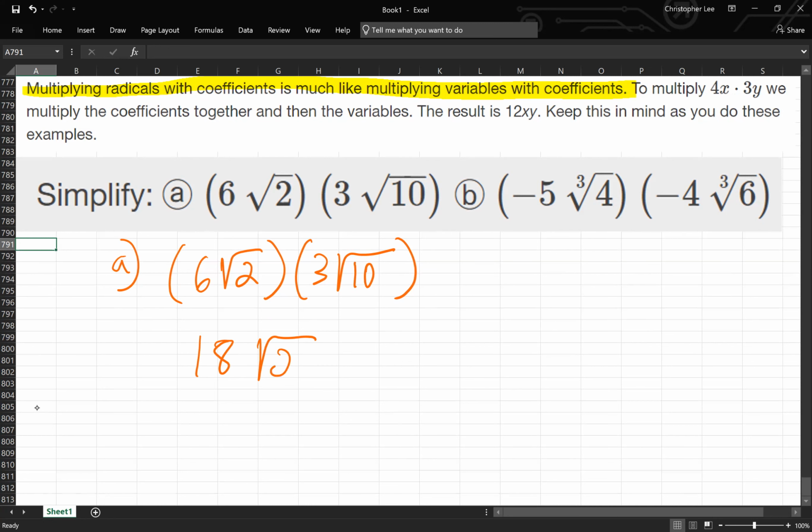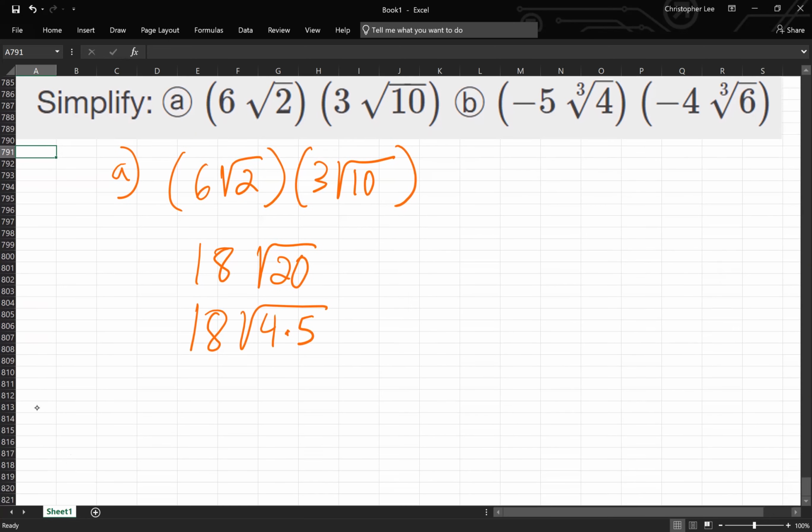Very good. But I'm not done though, because 20 could get simplified. So this is going to simplify down into 18 radical 4 times 5, because 4 is the perfect square that goes into 20. And then the square root of 4 is 2.